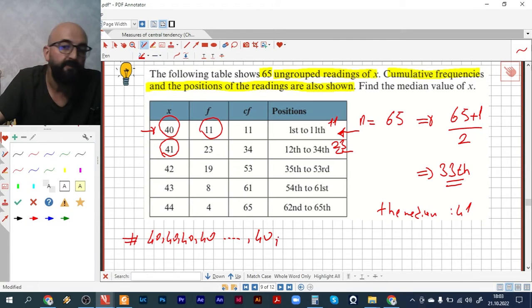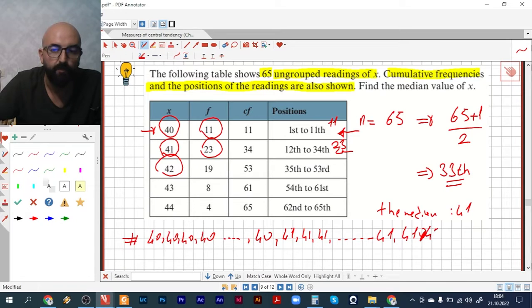And then we have 23 41s: 41, 41, 41, 41, 41. And we have 19 42s. But you should find the 33rd value.